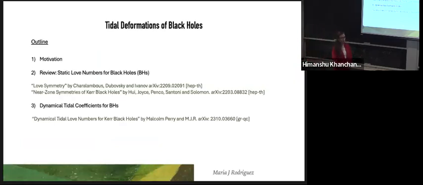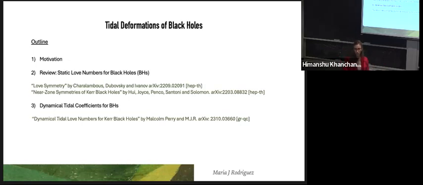For those of you not working on gravity or EFTs or amplitudes, maybe you find some other interest in why studying tidal deformations is interesting. Even though I have some review of static Love numbers, I will only have one slide to tell you what the ideas around symmetries are in relation to the static Love numbers.